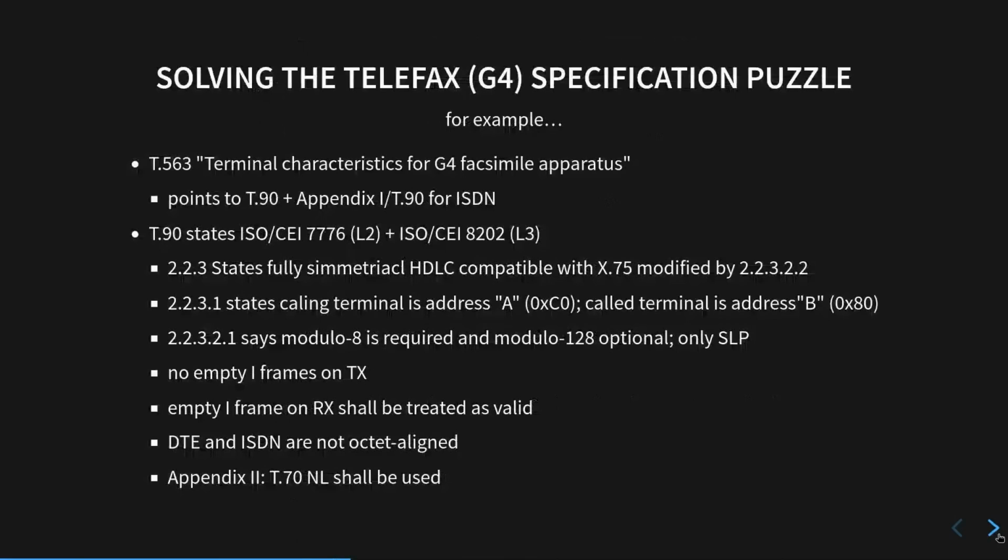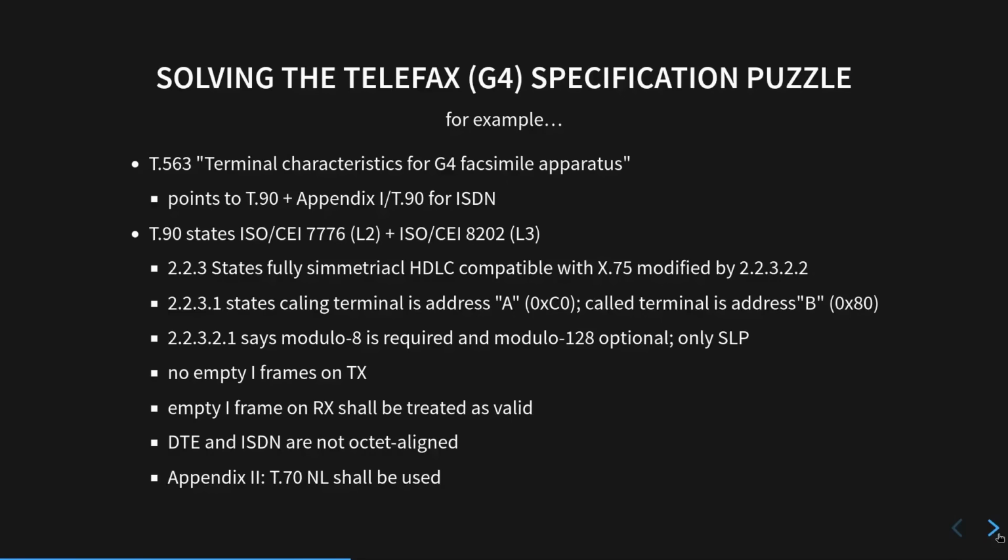So you read the core spec, the T.563, which by the way includes references to other specs which have been withdrawn meanwhile. But among others, if you think of ISDN, you will find it points to T.90, and specifically Appendix I of T.90 for ISDN, and then you check the T.90 specs, which state that different ISO specifications from the X.25 family are used as layer 2 and layer 3.